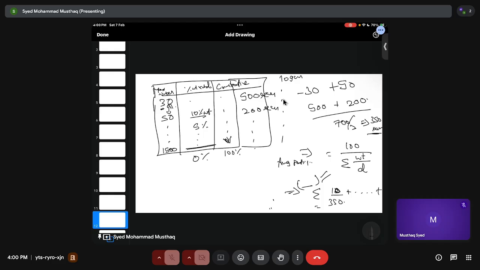Now, for example, if you do not want to know the average particle size through the whole sample, I just want to know the average particle size at one point. For example, we use 80% pass, that means passing size.